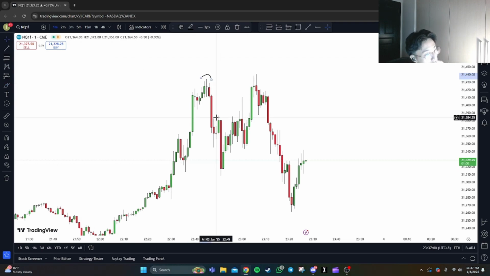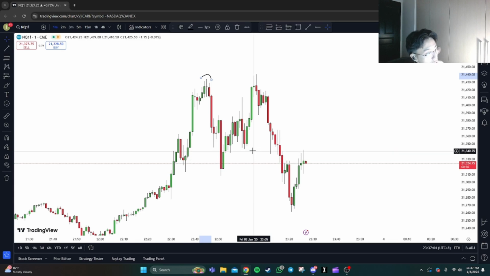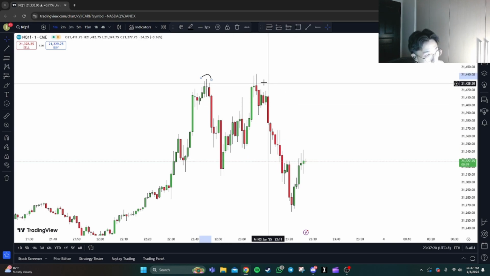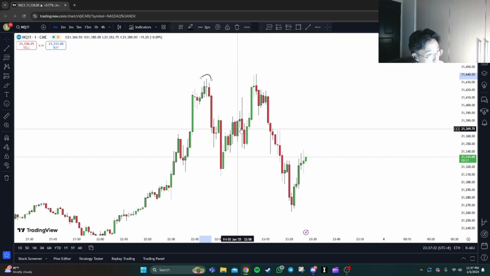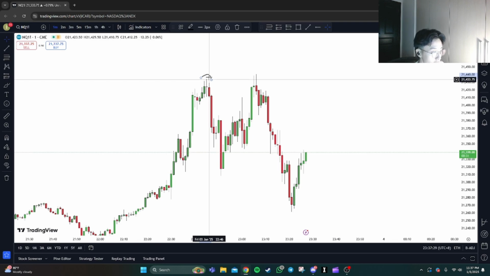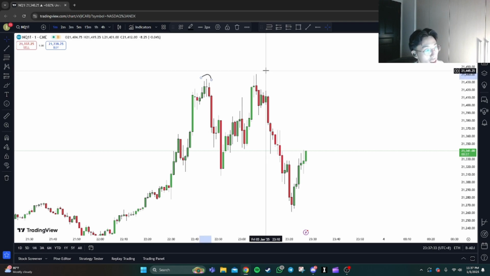All right, there's two ways you can use liquidity. You can use liquidity as a draw, which means where you think price will draw towards, or you can treat it like a liquidity sweep. So what a liquidity sweep is: after price hits a liquidity point, which you think is a very common stop loss placement like this one, then price will move in the opposite direction.